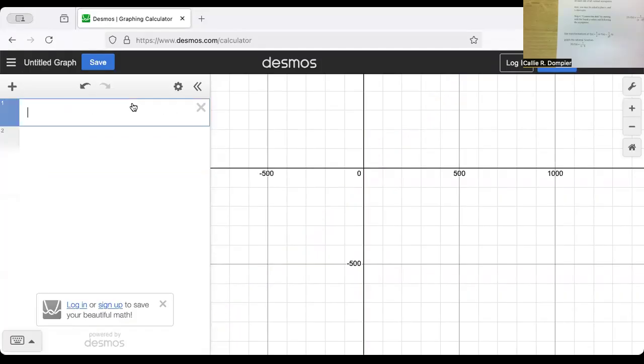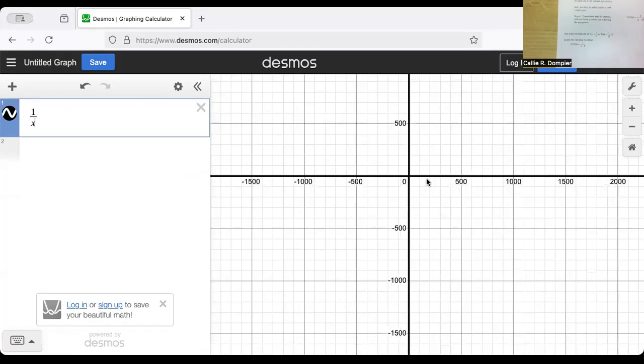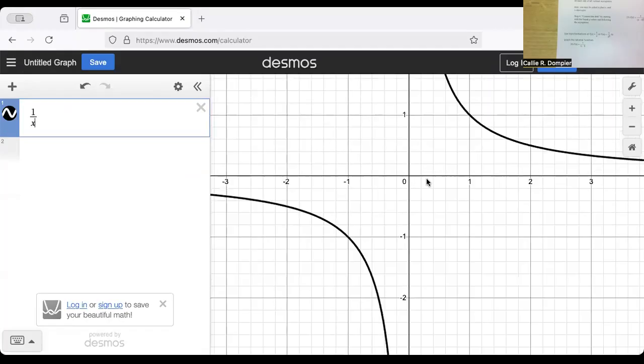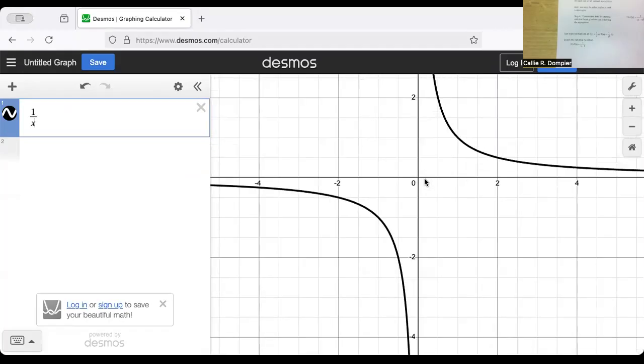They said we're making the transformation of f of x equals 1 over x, and we're just going to use the rules of transformation, okay? We're starting with this base, and then they say, what is f of x equals 1 over x minus 5?